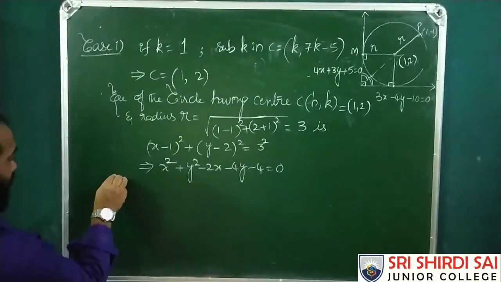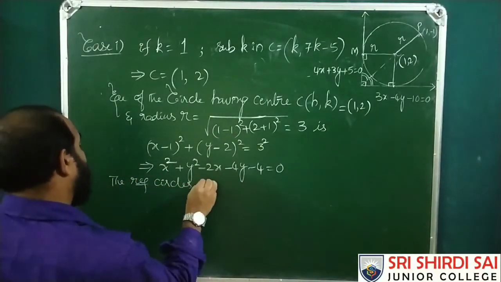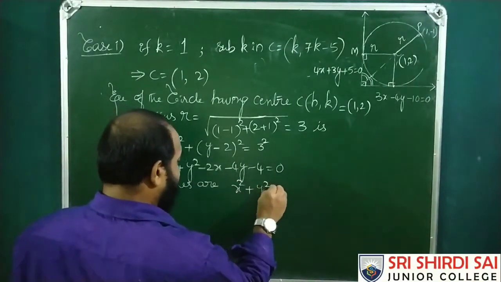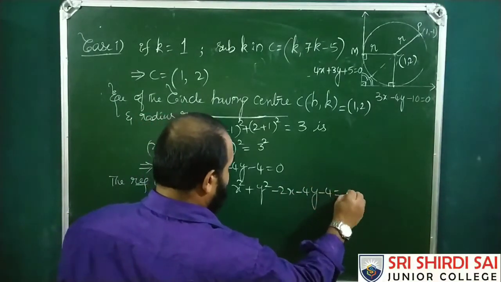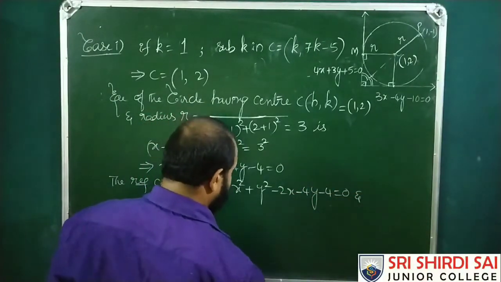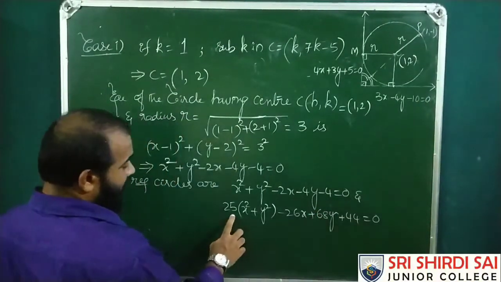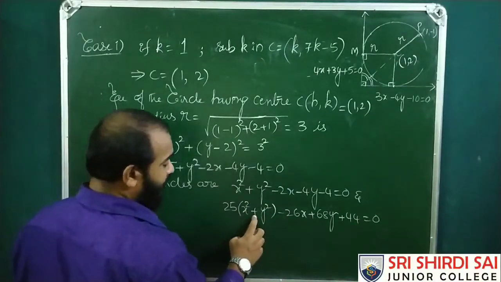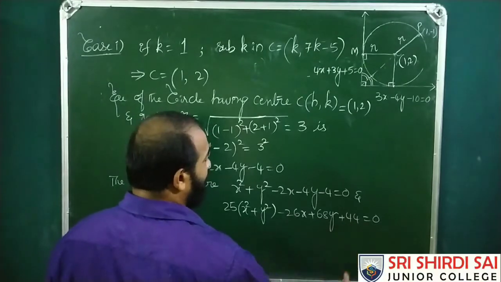Therefore the required circles are x square plus y square minus 2x minus 4y minus 4 equals 0, and 25 into the previous one which we got, 25 into x square plus y square minus 26x plus 68y plus 44 equals 0.